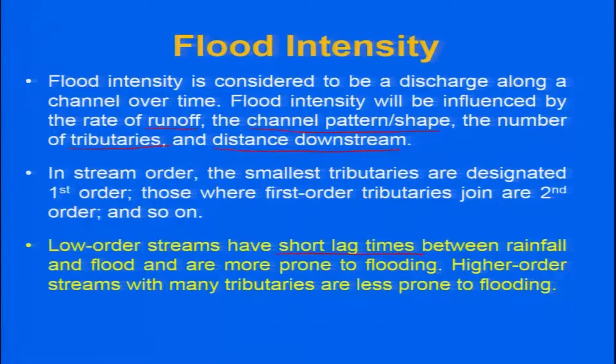So lower order streams have shorter lag times between rainfall and flood and are more prone to flooding. Higher order streams with many tributaries are less prone to it. So please remember: lower order stream, short lag and prone to flooding. Higher order, with many tributaries, less prone to flooding.